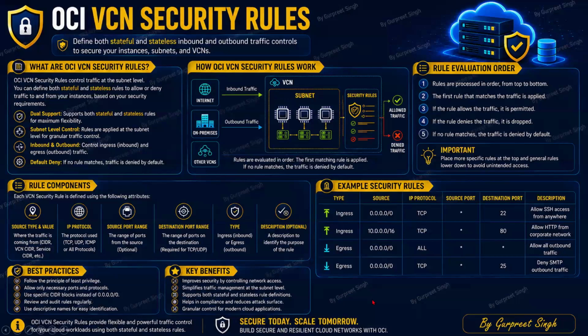Let's understand what OCI VCN security rules are. A security rule in OCI is a network access control which determines what traffic is allowed to enter, which is also known as ingress, and which traffic will leave the resources within the VCN, which is also known as egress.